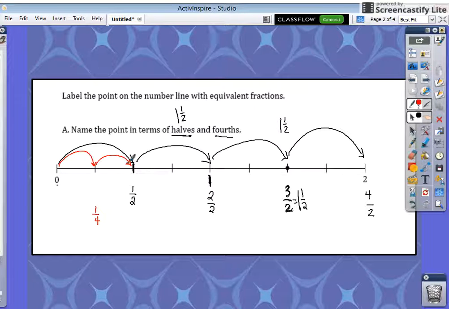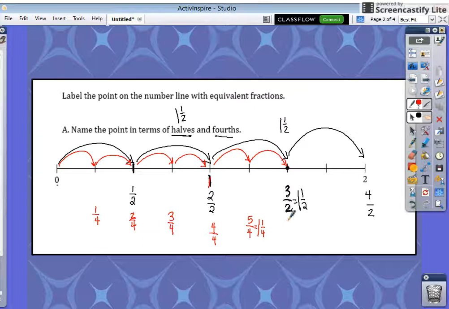From here to here is 2/4, 3/4, 4/4, or 1 whole, 5/4, which can also be represented as 1 whole and 1/4.